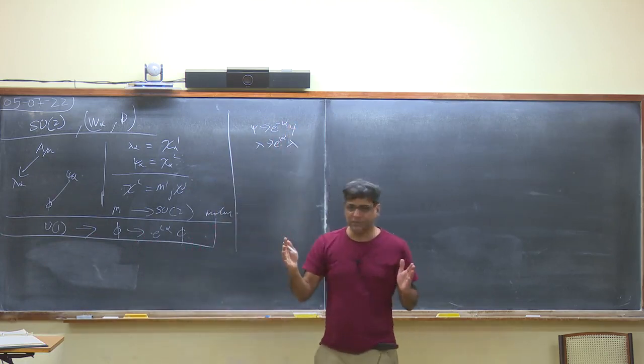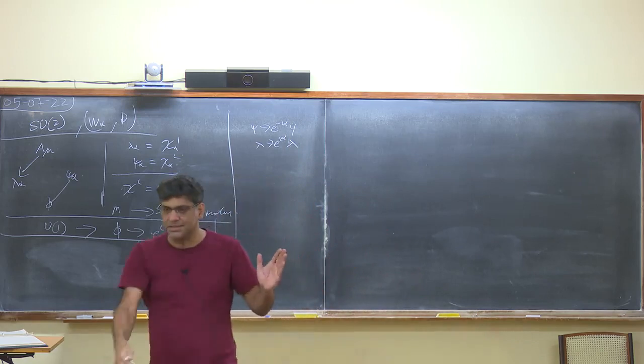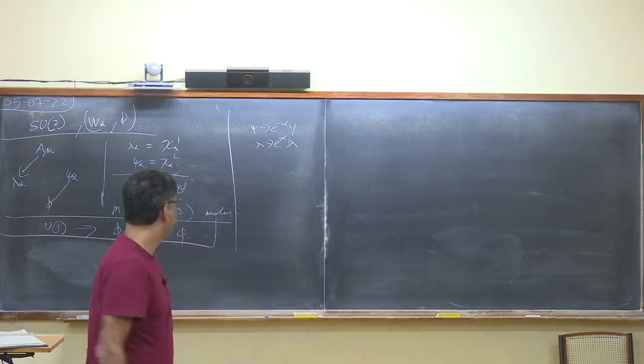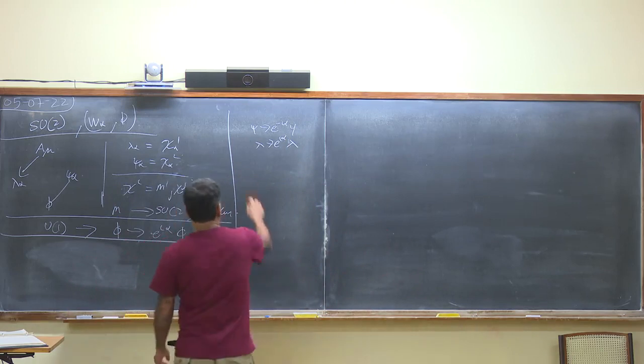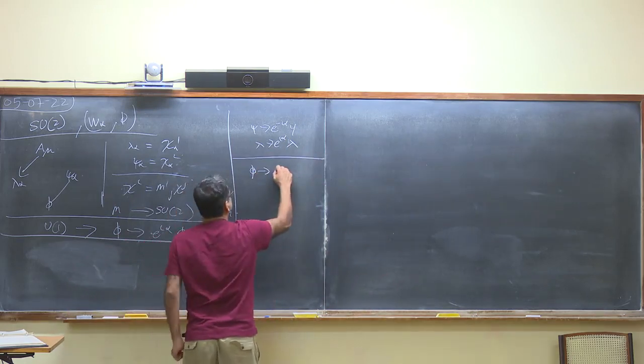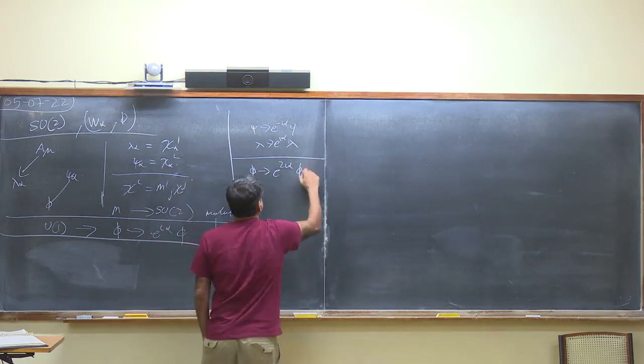This was clearly SU2 because it's block diagonal and its determinant is 1. And we combined this with phi goes to e to the power 2i alpha phi.